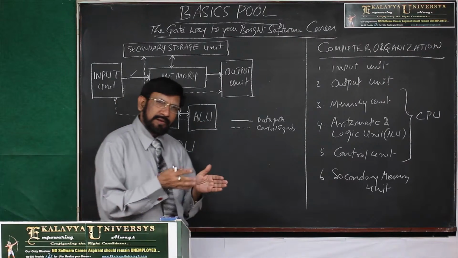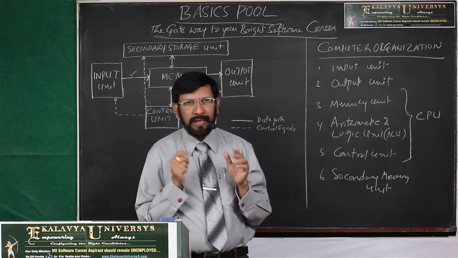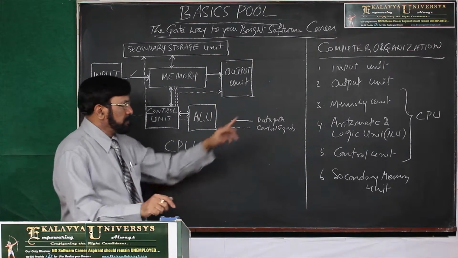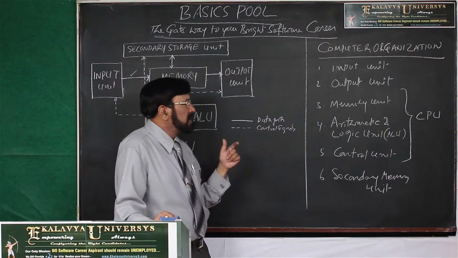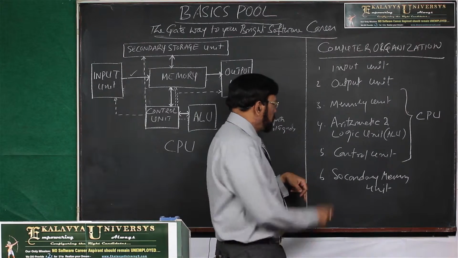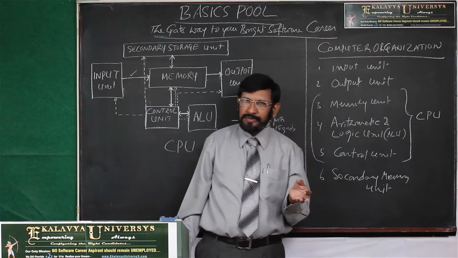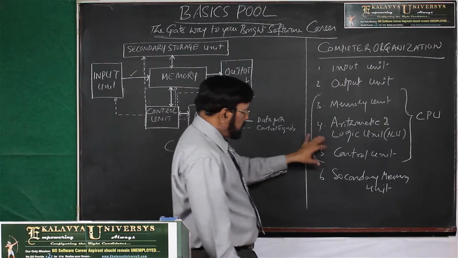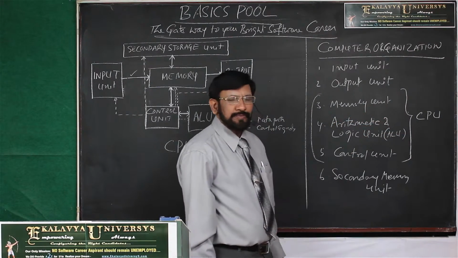We are understanding the functionalities of each and every component. Now all the components are classified into 6 groups depending on their functionality. That's why 6 units have come. Among the 6 units also, 3 are together performing a common functionality, that is processing. Of course these are identified as 3 different components, even though they are treated together as CPU.